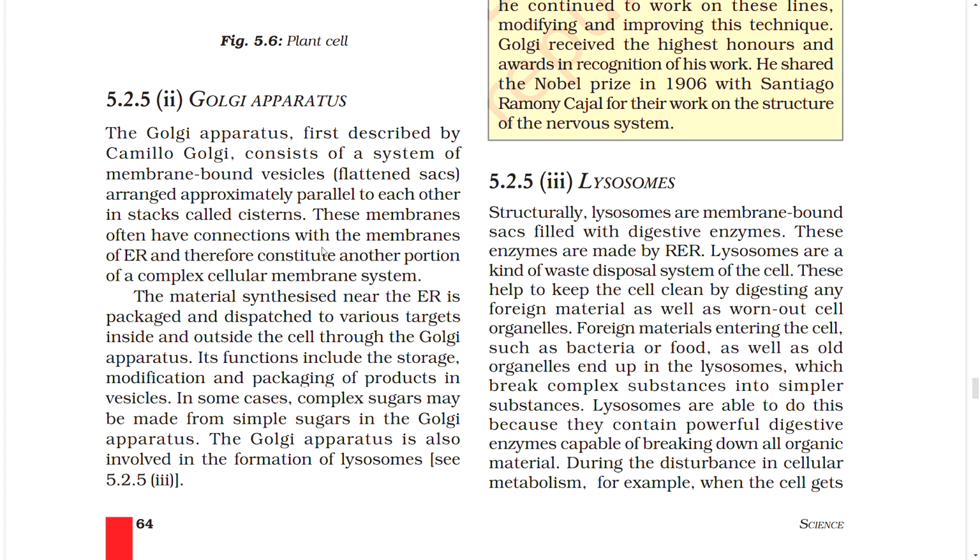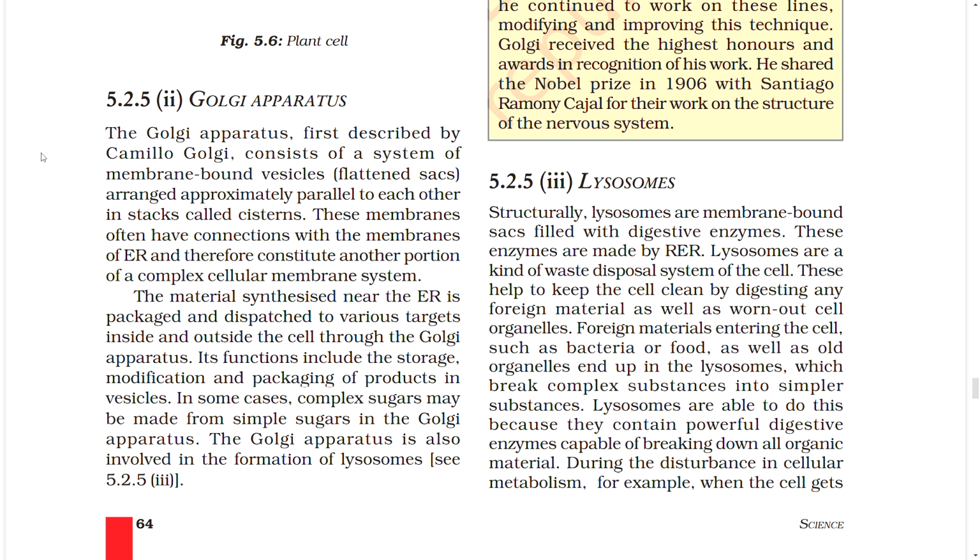5.2.5 Golgi apparatus. The Golgi apparatus, first described by Camillo Golgi, consists of a system of membrane-bound vesicles, flat sacs arranged approximately parallel to each other in stacks called cisternae. These membranes often have connections with the membranes of ER and therefore constitute another portion of a complex cellular membrane system.